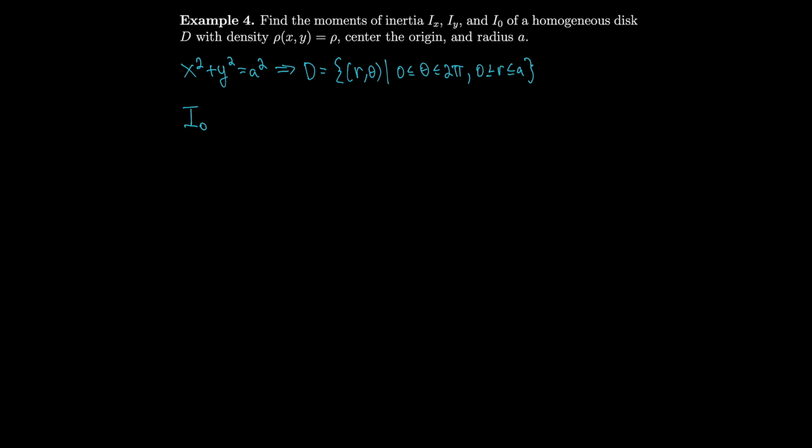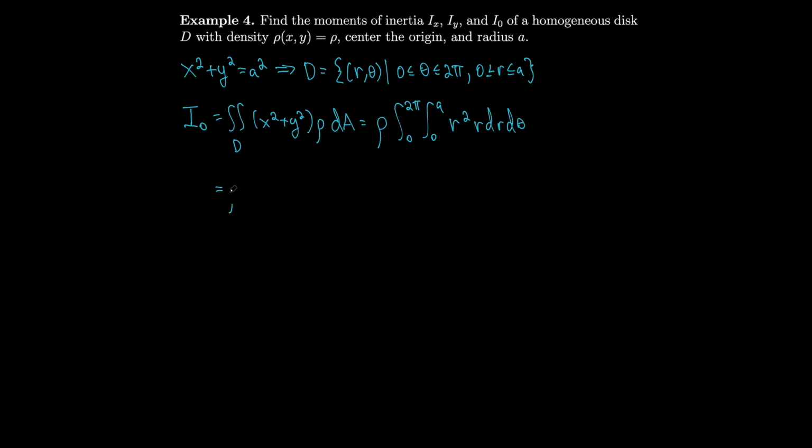So we calculate I0 as the double integral over D of x squared plus y squared times our function rho, which in this case is just a constant, so I'll just call it constant rho. And since rho is constant, I can pull it out and just get the integral from 0 to 2 pi for theta, and then 0 to a for r of r squared for x squared plus y squared, and then dA is r dr d theta.